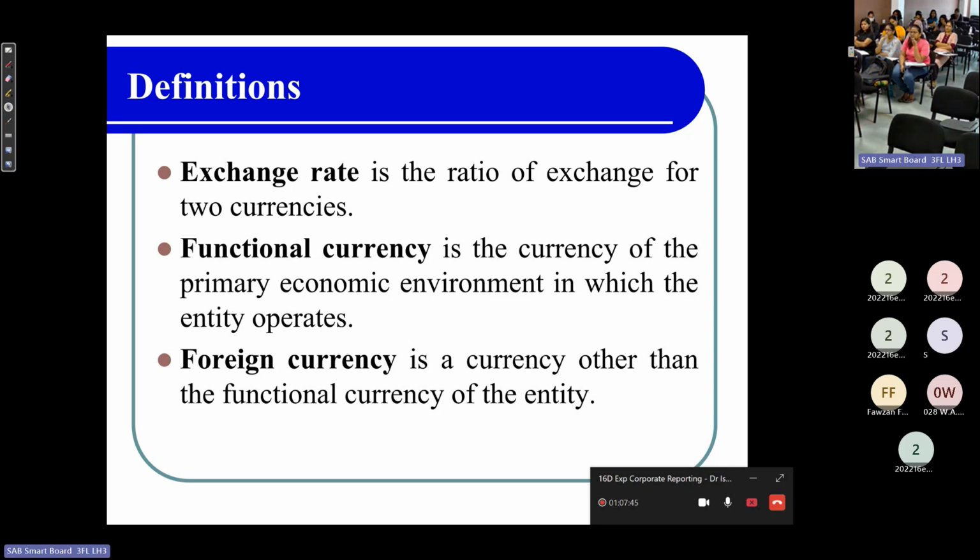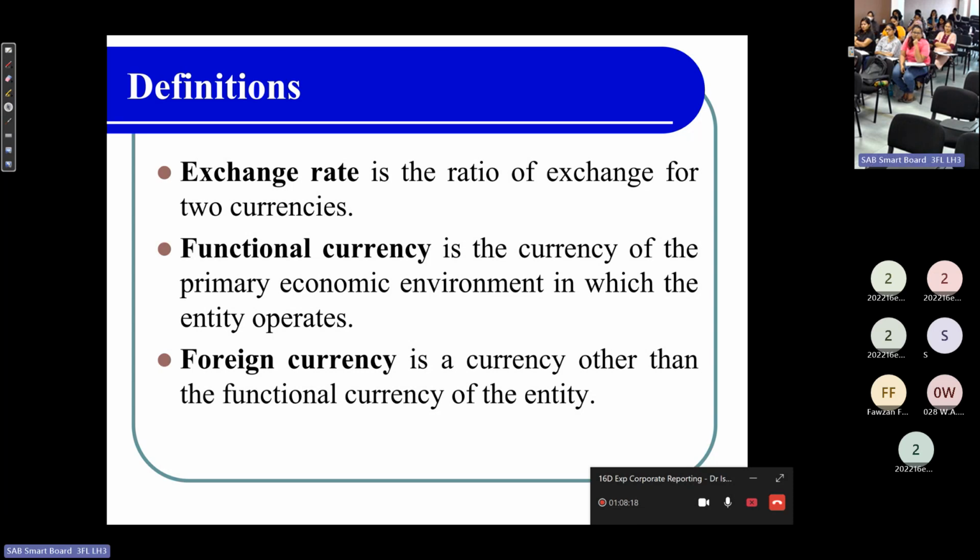Therefore, its functional currency is US dollars. Foreign currency is the currency other than the functional currency of the entity.